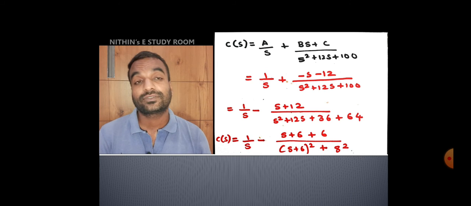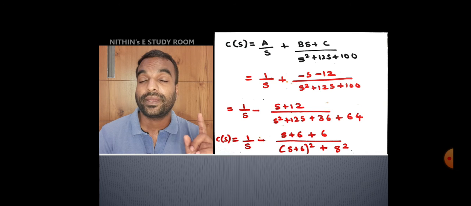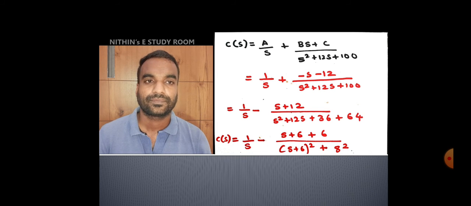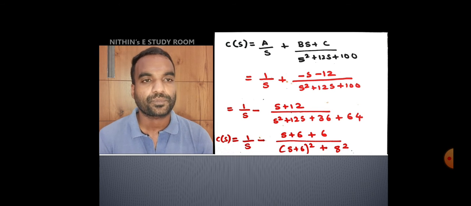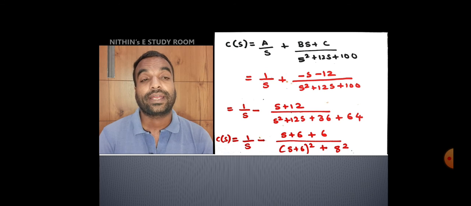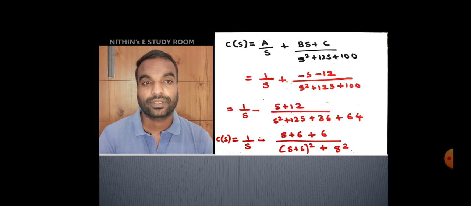And similarly, there was one more equation, omega by s square plus omega square, and also s by s square plus omega square.